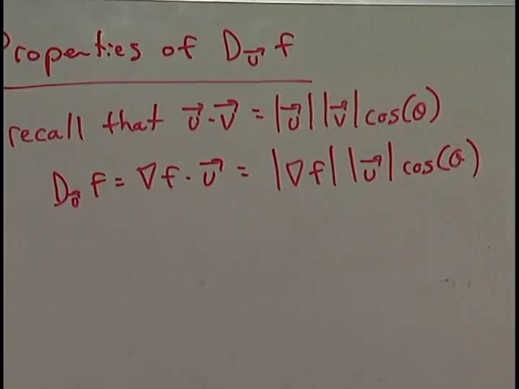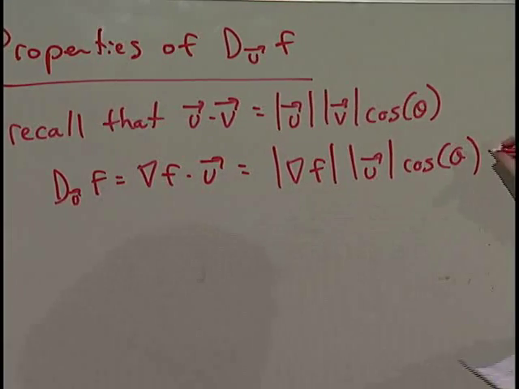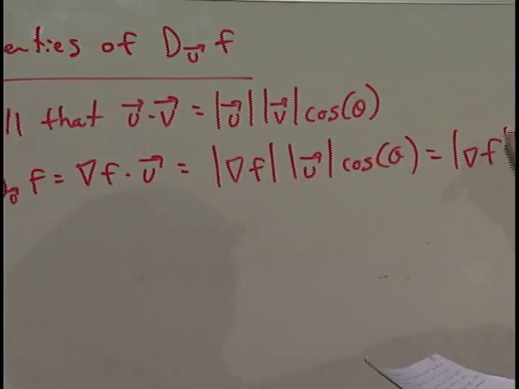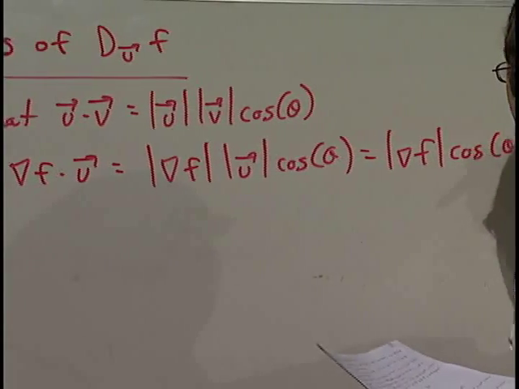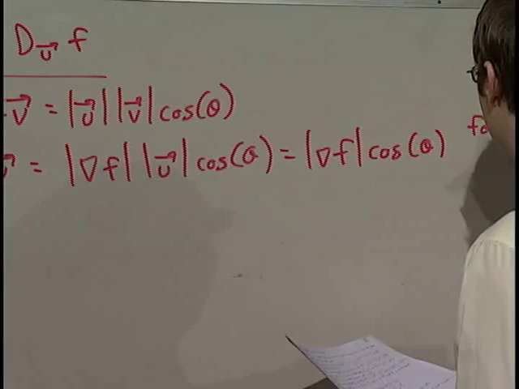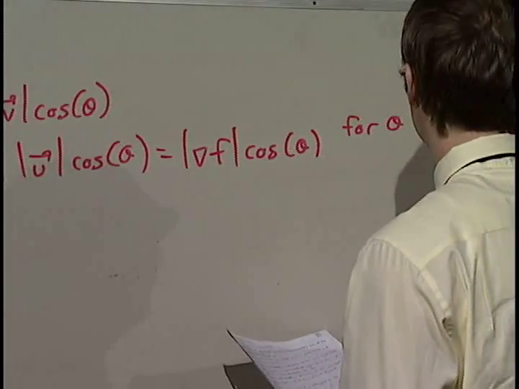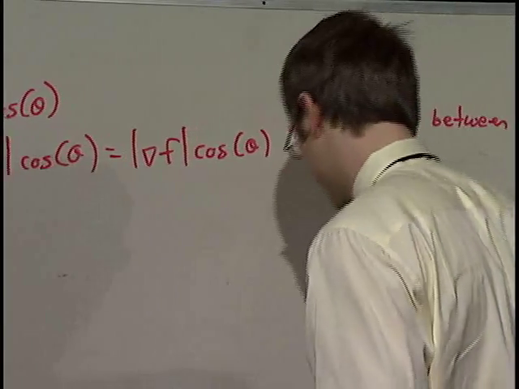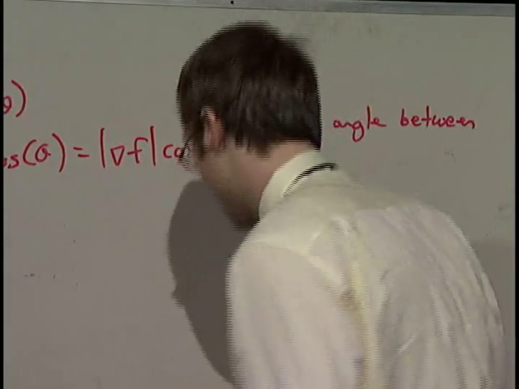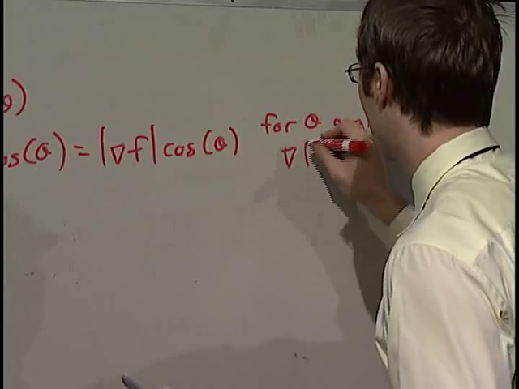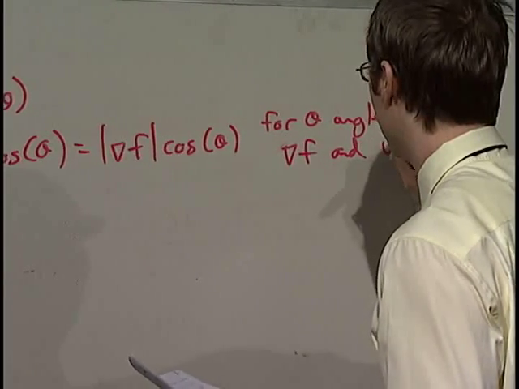Well, u is a unit vector, so it has length 1. So this is really just length of grad f cosine theta, for theta the angle between grad f and u.